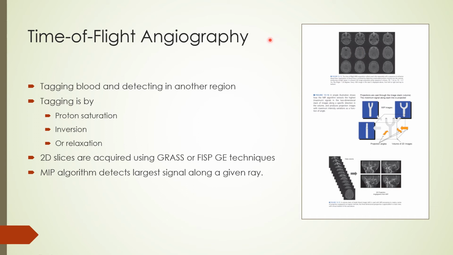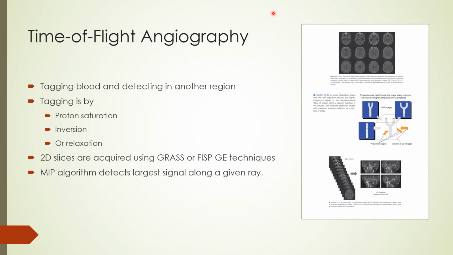Two-dimensional slices are acquired using gradient echo techniques like GRASS or FISP that produce relatively poor anatomic contrast, yet provide a high contrast bright blood signal. The time of flight MRA views are obtained by projecting the content of the stack of slices at a specific angle through the volume.